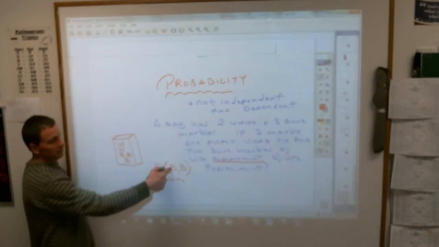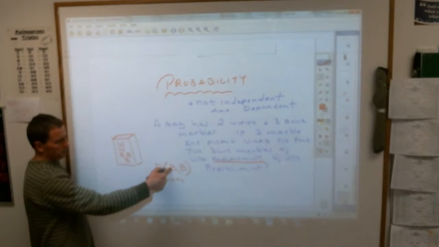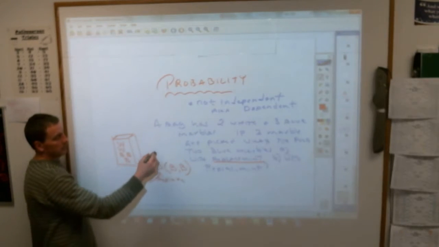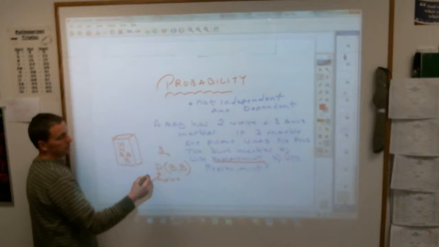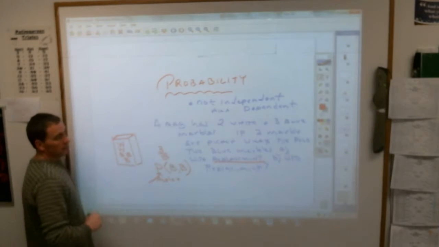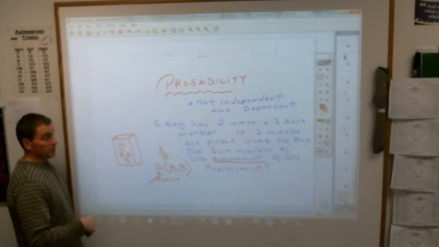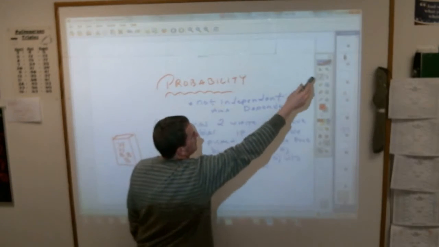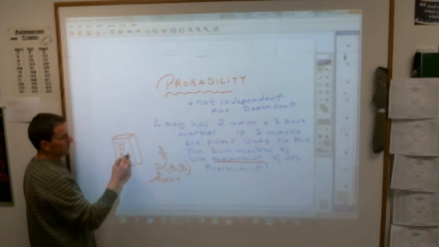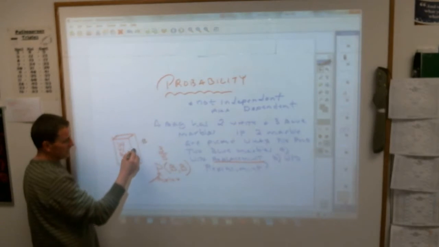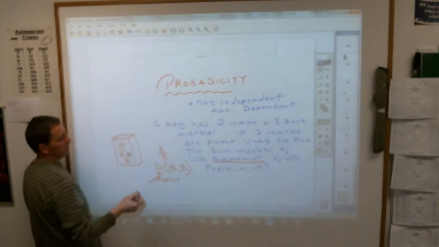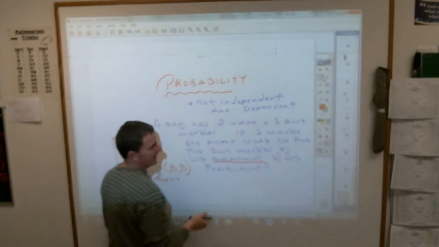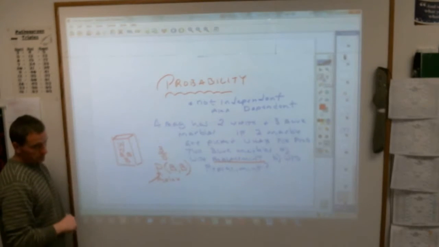This first one, if I do replace it, what's the probability of picking 1 blue marble out of that bunch? How many blue marbles are there? 3. How many total marbles? 5. That's the first time. If I take this marble out when I pick it, but replacement means I put it back in again, what is my probability the second time of picking a blue marble?